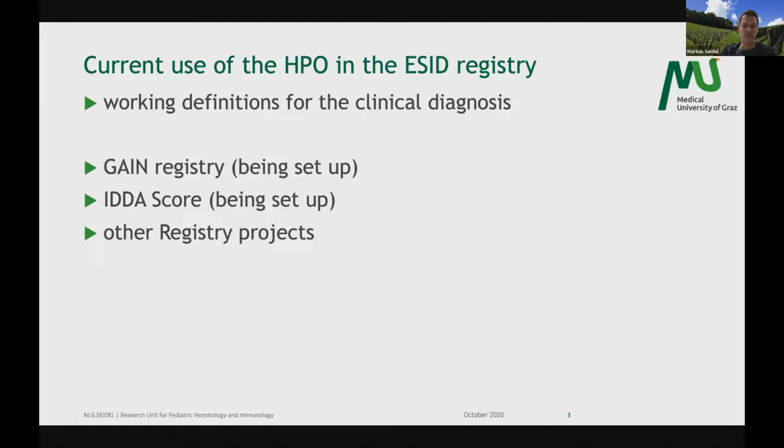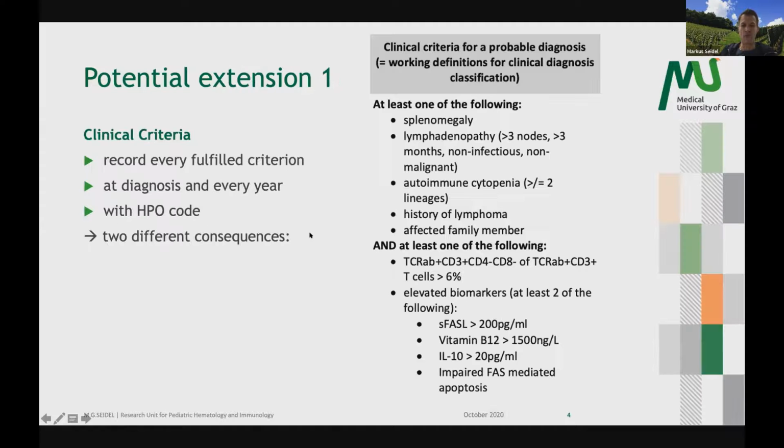And there are ongoing initiatives like the GAIN registry that uses HBO terms, the immune deficiency and dysregulation score that's being set up within the ESID registry to prospectively monitor disease activity, immune dysregulatory disorders, and probably other registry projects will follow.